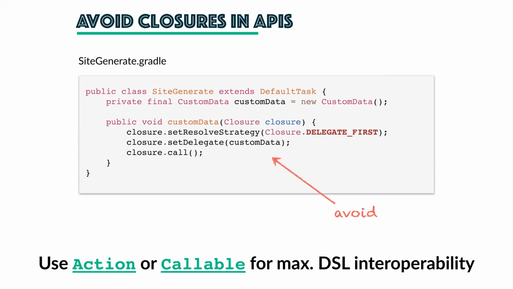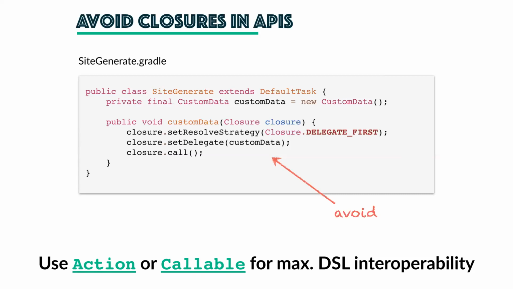So it's fairly easy to assume that every end user will use the Groovy DSL in Gradle, but that's not really the case. You might have heard that Gradle now also exposes a DSL that lets you use Kotlin. So I would recommend not using necessarily Groovy types to model this DSL. This is a better option than using a closure. That's usually a built-in type that we have in the Gradle API called action.